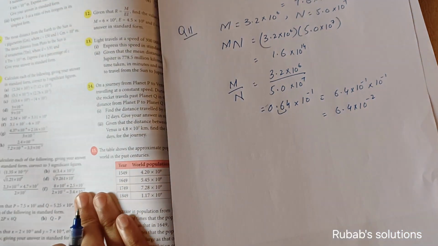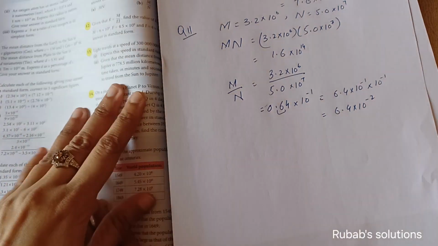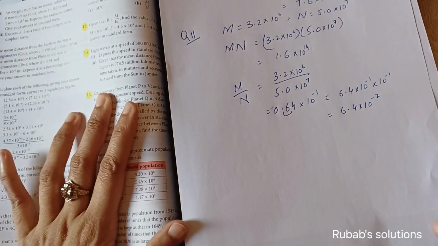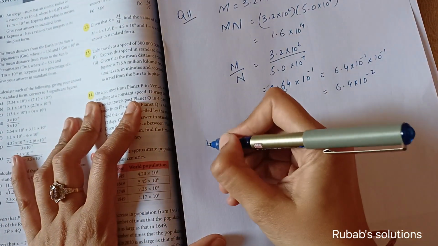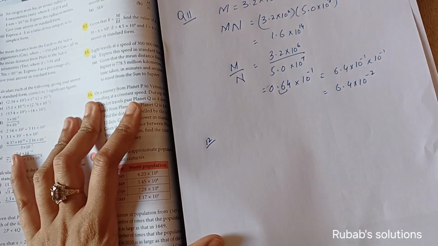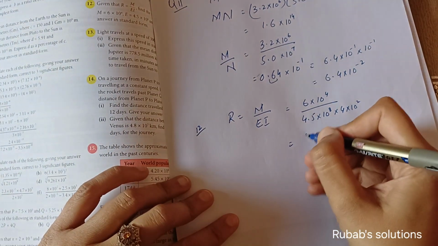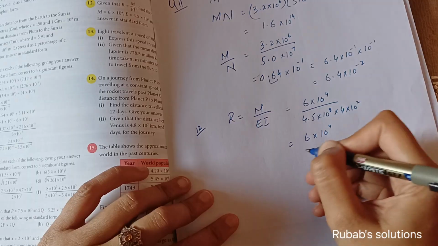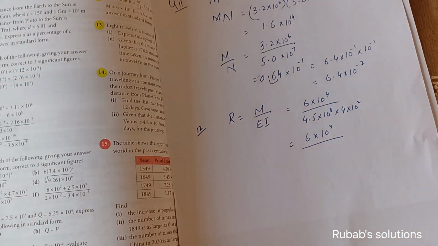Moving toward question number 12. In question number 12, given that r is equal to e divided by m i, and the values are given. Let me write the values. If we go stepwise, it will be 10 power 4 divided by 4.5 into 4.